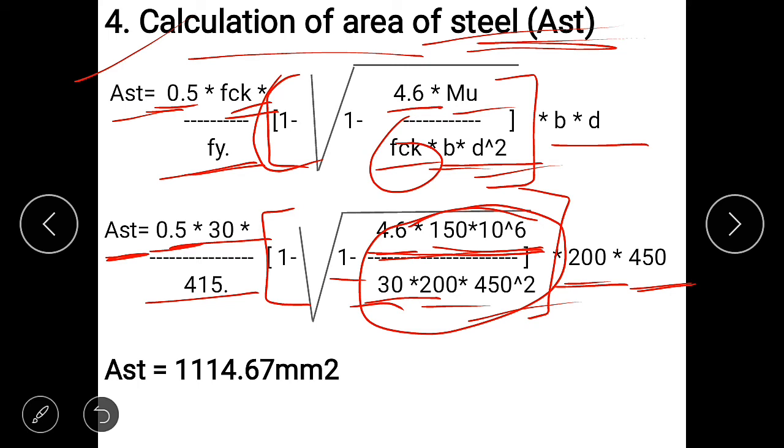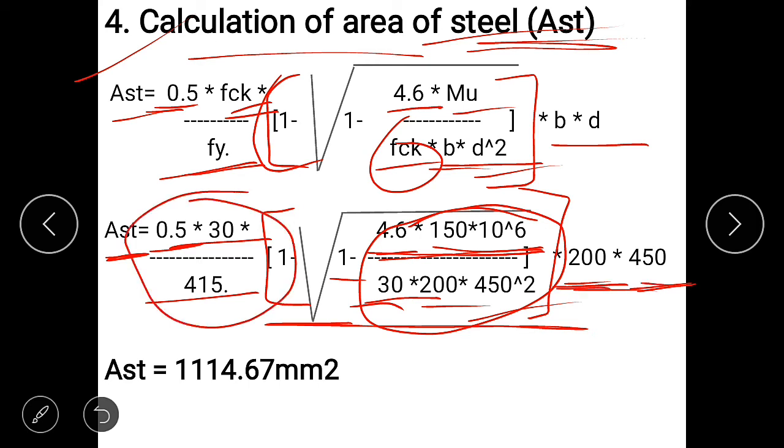After that, in the under root put 1 minus. So we get the answer. After that multiply by b into d, 200 into 450. After that multiply 0.5 into 30 into 415.